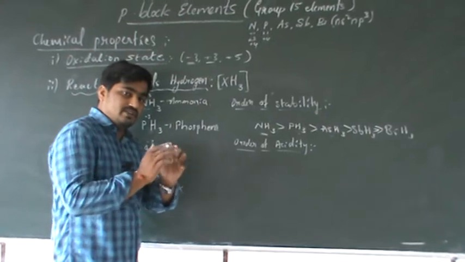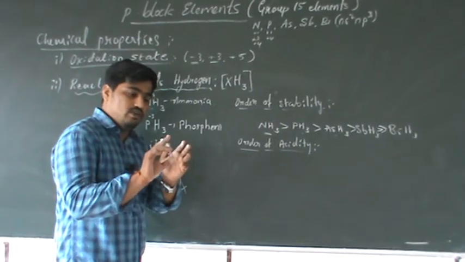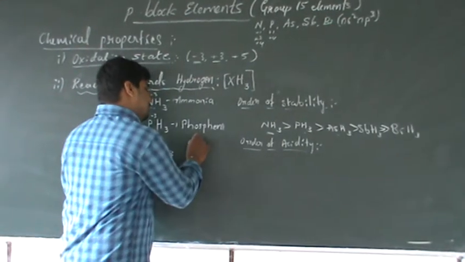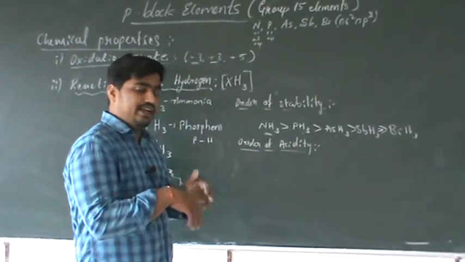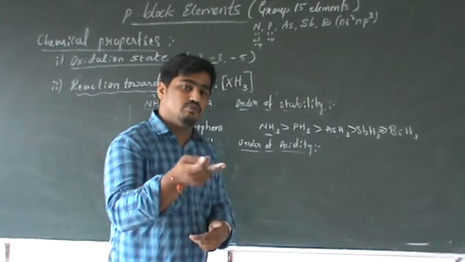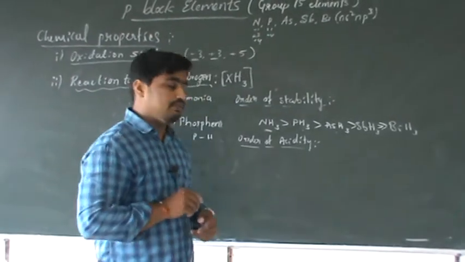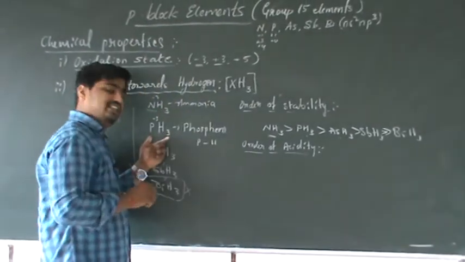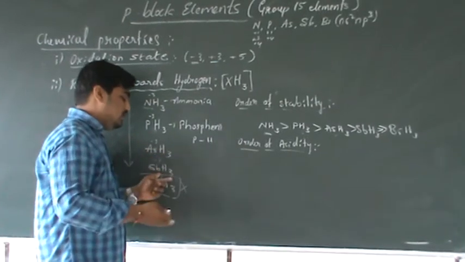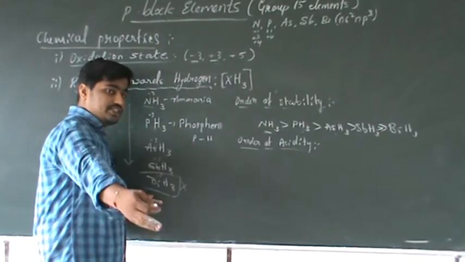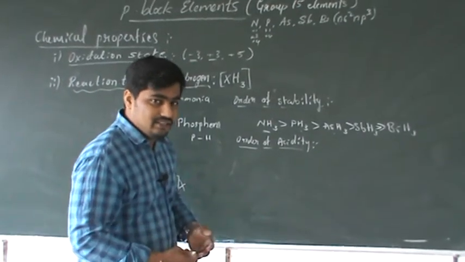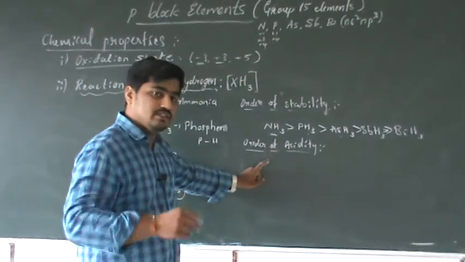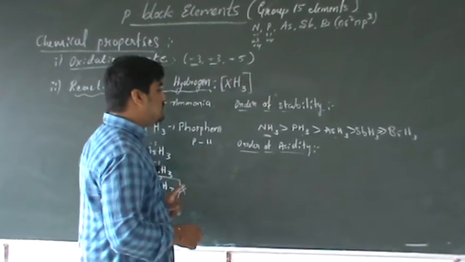In phosphine, the phosphorus size increases, the hydrogen-phosphorus bond weakens, and the bond dissociation energy is less. The tendency of giving hydrogen is more compared to ammonia, so acidity increases. Due to the increase in size, dissociation of hydrogen becomes easy. When we move down the group, acidity increases.